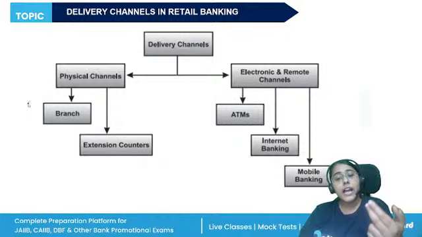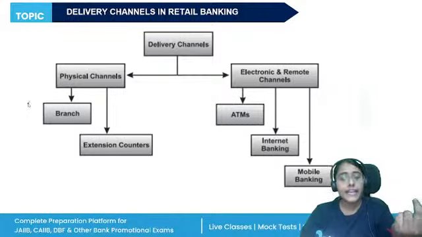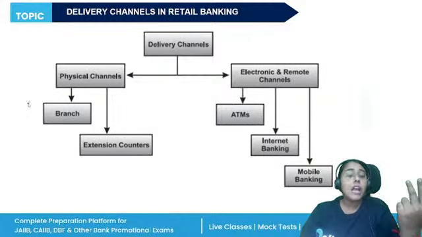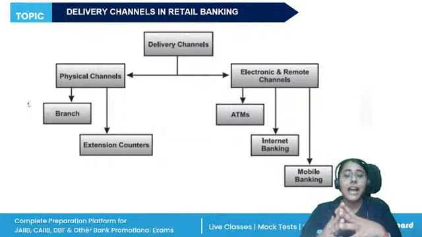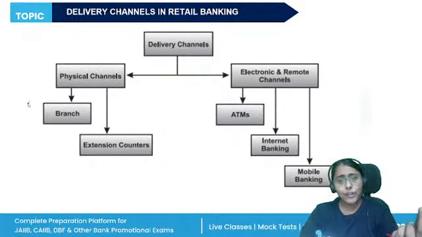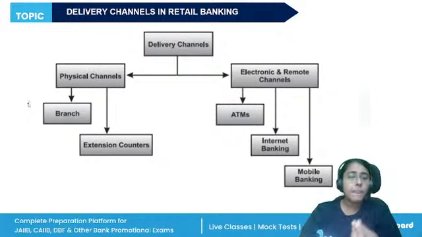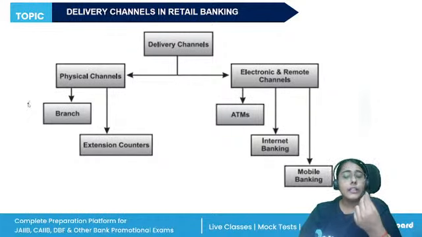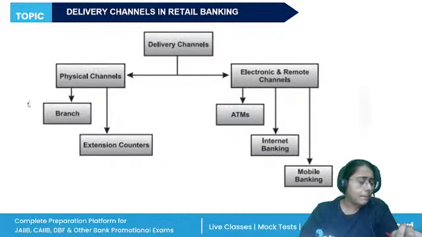In the remote channels, ATMs are there, on-site ATM, off-site ATMs, white label ATMs. You need to read about the transactions at the bank's own ATMs, how many free transactions are there in metro location, non-metro location. Then internet banking, mobile banking, UPI, Bheem QR, the Aadhaar enabled payment bridge.